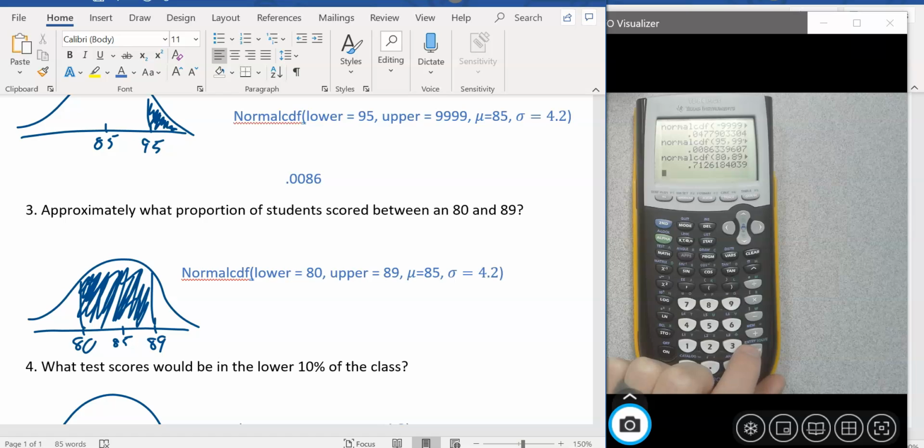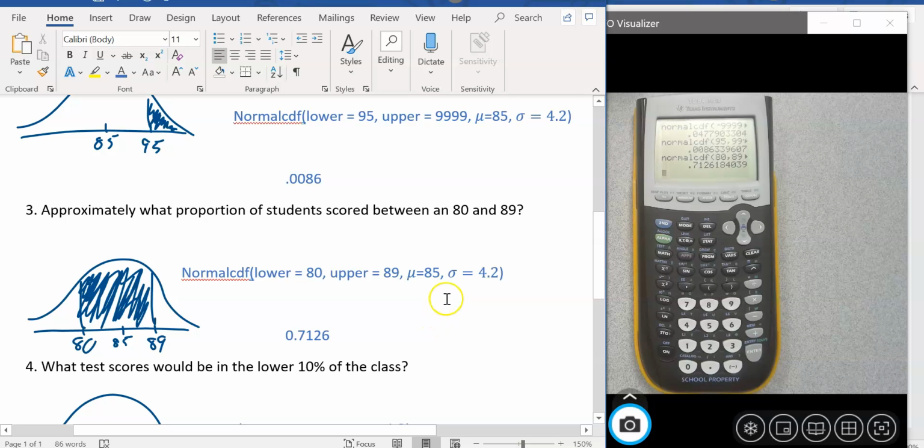We hit enter, and we get 0.7126. That is pretty quick, which is nice. But once again, make sure you're writing out normal CDF and all this information.